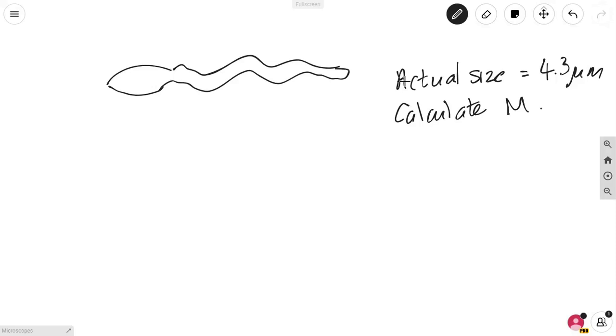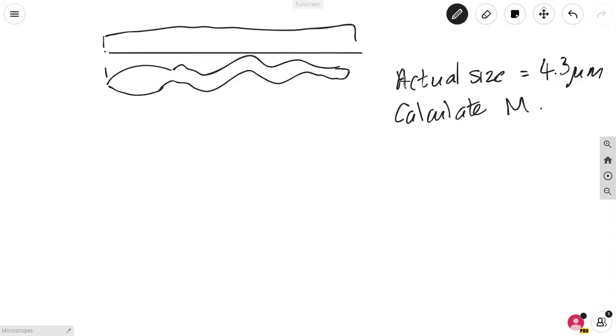So the first thing you want to do is take your ruler and measure the length from the beginning of the sperm to the end of the sperm, but I want you to measure it in millimeters, remember, our SI unit. So let's imagine that we measured from there to there, and it measures 220 millimeters.